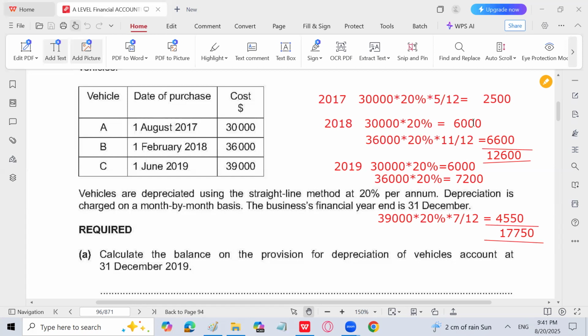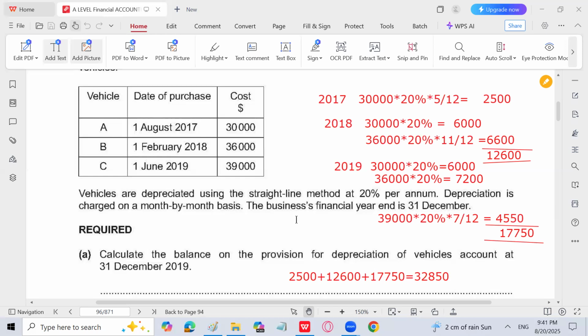We remember that the brought down of 2,500 will become the carried down of 2017, and it will become the brought down of 2018. Then the carried down of 2018 will become the brought down of 2019. So we have to add all of them: 2,500 plus 12,600 plus 17,750 will give the total provision for depreciation balance carried down at the end of 31st December 2019. That is 32,850. So this is going to be the answer for this particular part.